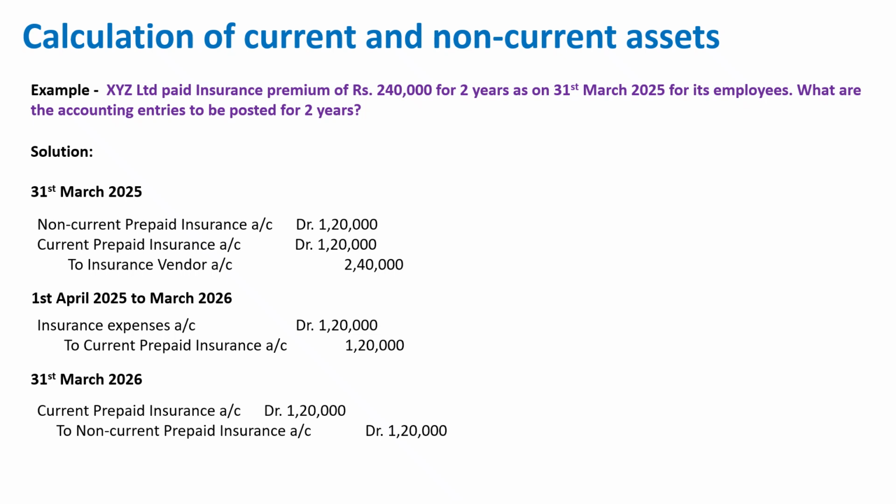So the entry you are going to post here is current prepaid insurance account debited 1,20,000 and to non-current prepaid insurance 1,20,000. And on 31st March 2026, there will be no non-current prepaid insurance to be reported, because now the remaining amortization period is only 12 months from the date of reporting. That is 31st March 2026.